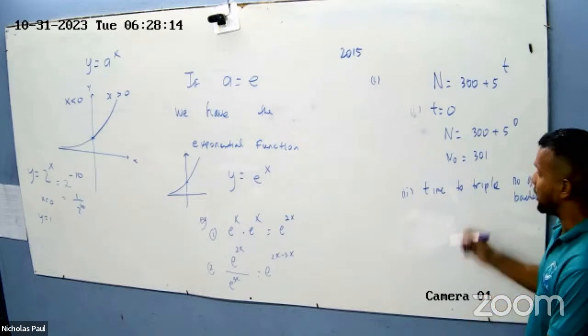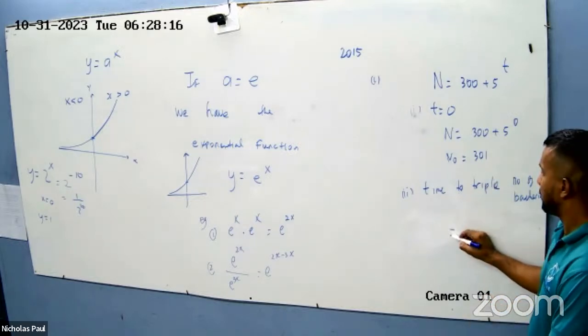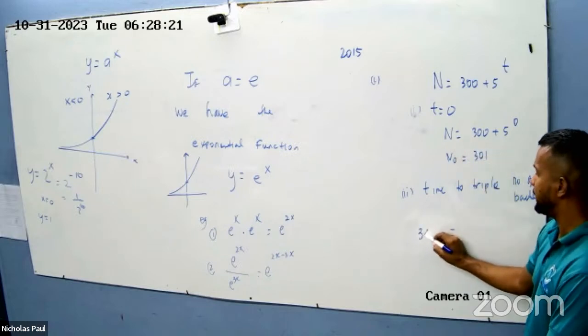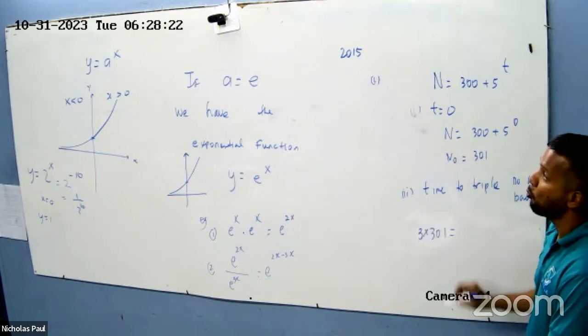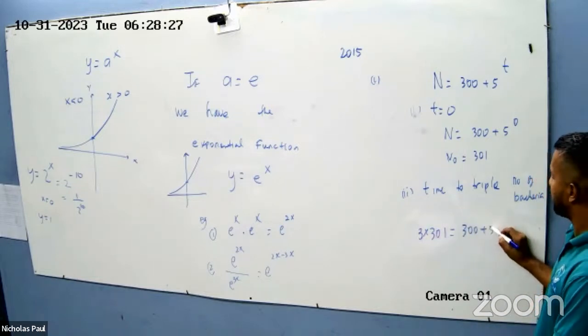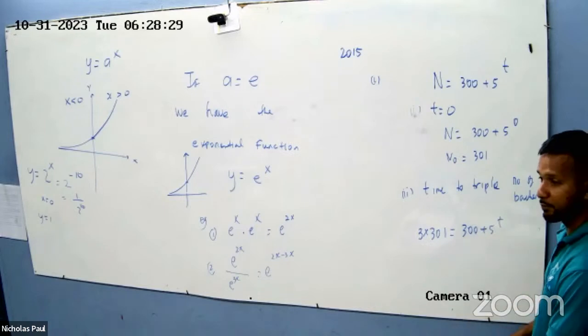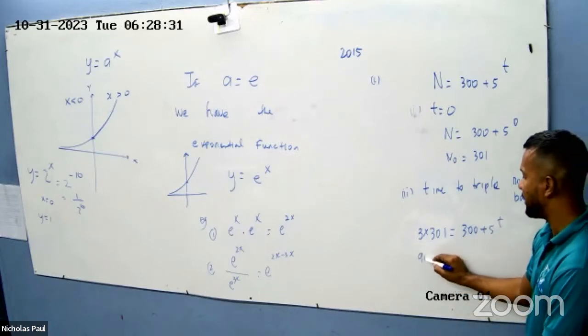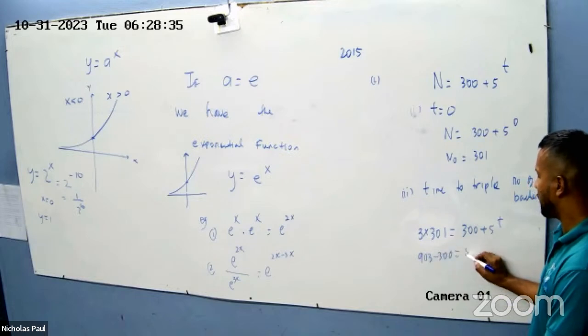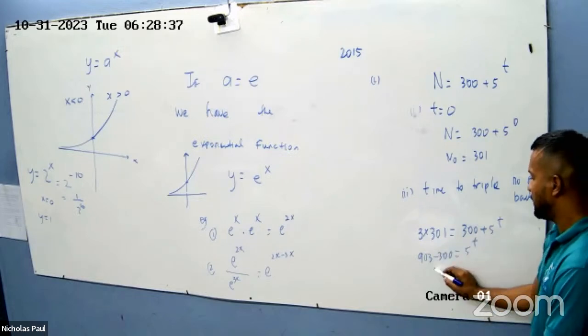What does triple mean? Triple means that the n value is now 3 times 301, and you want to find the t value that'll give you this. So this is 900 and carry across 300 is equal to 5t, so this is 603 is equal to 5t.